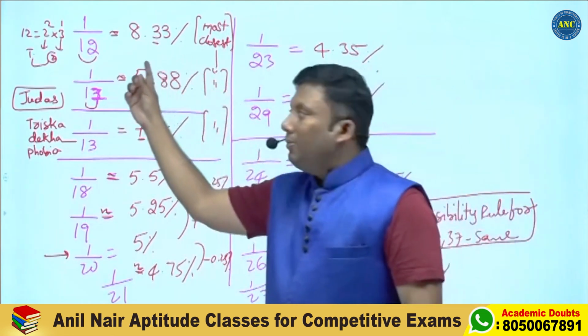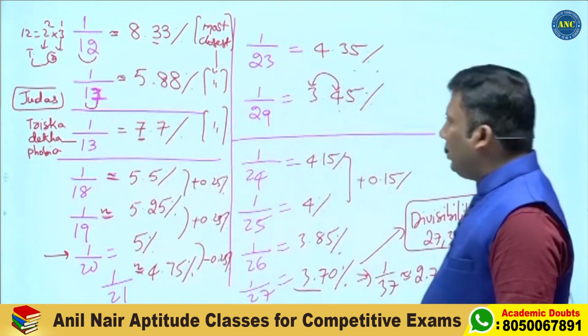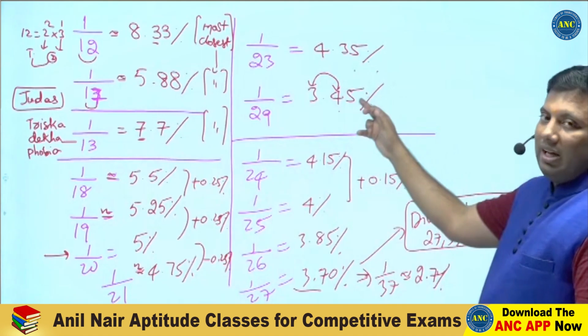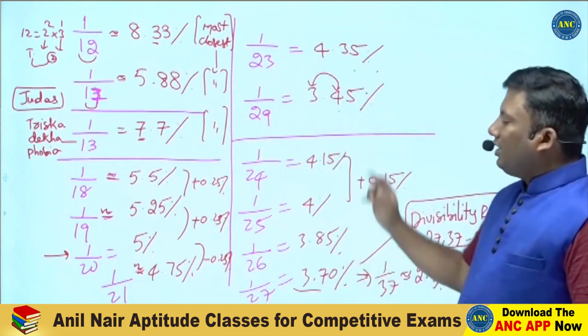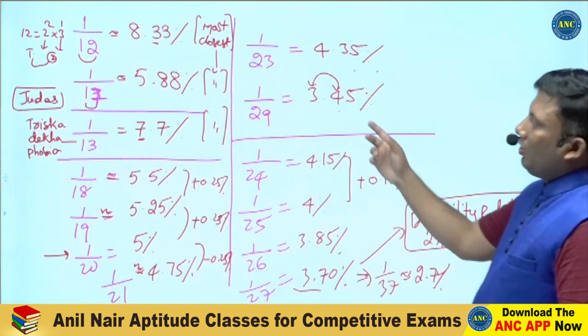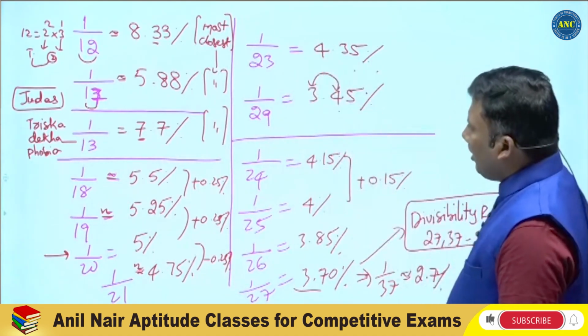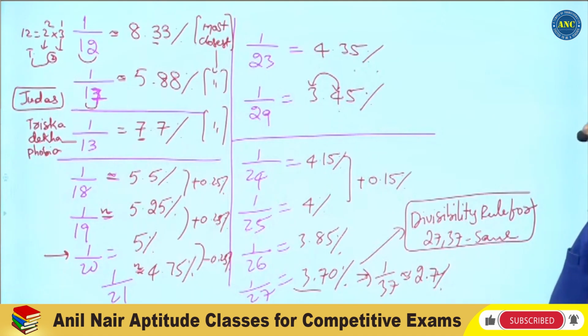How can these three be remembered? Add the digits in the denominator. 23, 29. How many times does 29 go in 100? 3 times. Write the first Pythagorean triplet, 23, then reverse the order. I hope it is clear.